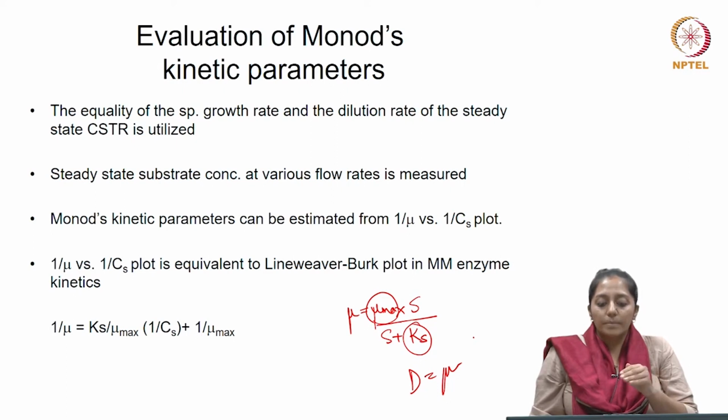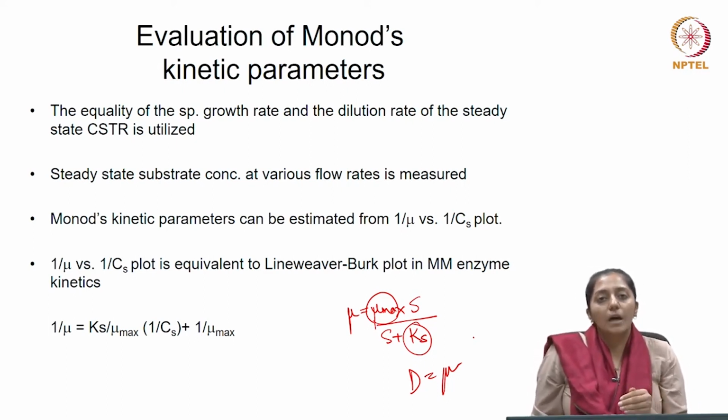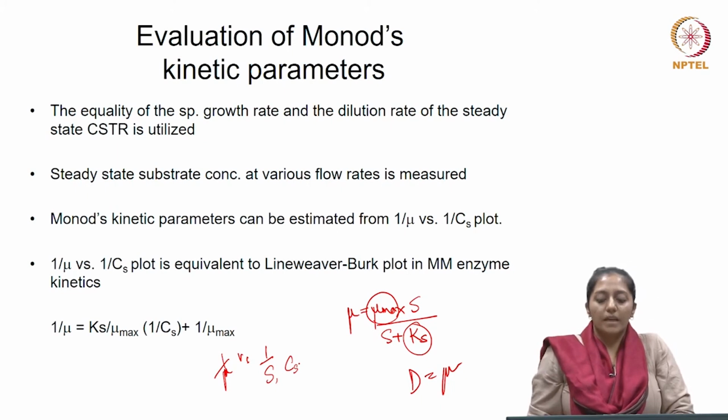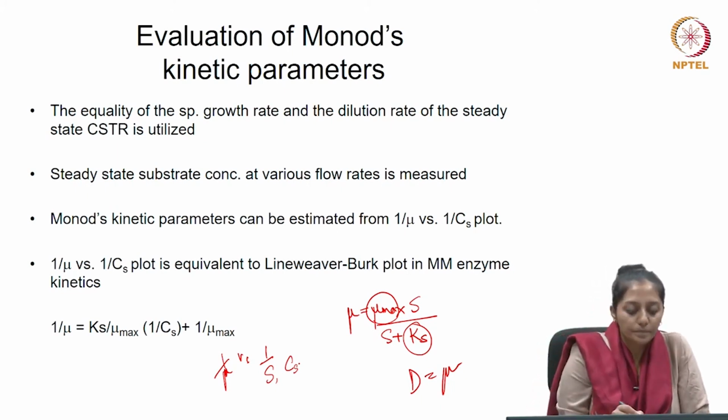Now, steady state substrate concentrations at various flow rates are measured. Monod's kinetic parameters can then be estimated by making a plot of 1 by mu versus 1 by S, or here, as on the slide, Cs, which is your steady state substrate concentration.